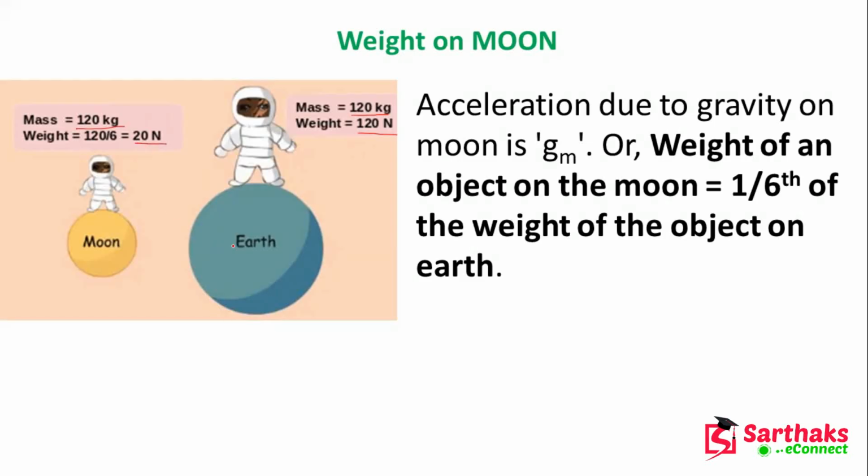That means there is a big difference between the weight of the same object on the earth and the moon, although the mass of 120 kg is equal on all planets. But here the weight is different.